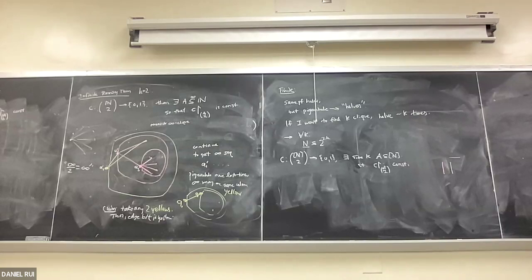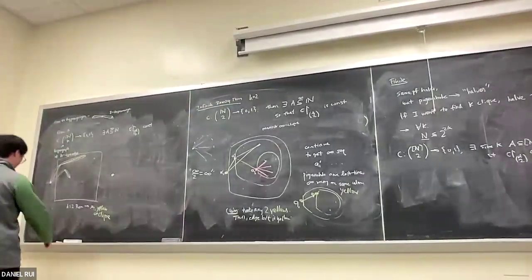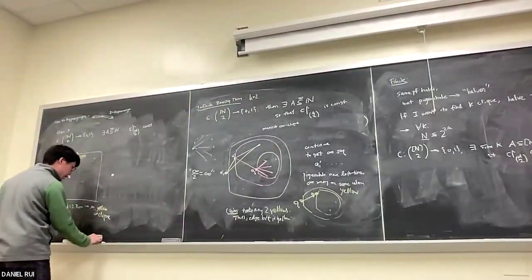It tells me that there is an infinite clique inside here of the same color. Suppose the infinite clique in question, which h equals 2 Ramsey gives me, is, say, a yellow clique. And then I just draw the exact same picture as before.